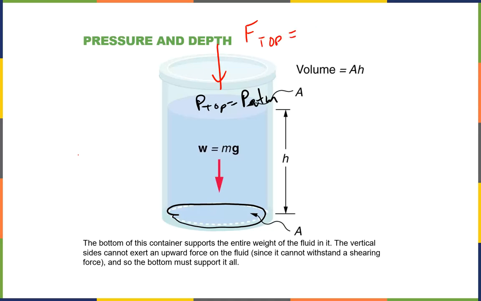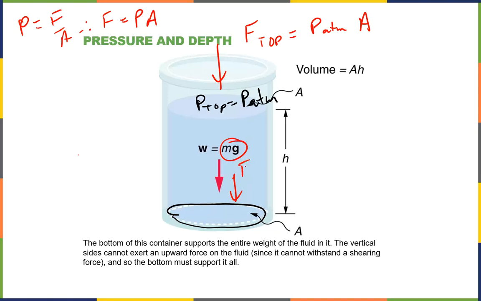And using our relationship between pressure and area, since pressure is force over area, then force is equal to pressure times area. So the force on the top is pressure atmosphere times the area. Now if I come down to the bottom, I have the weight of the water, mg, plus, of course, I still have the force on the top being distributed through the water.